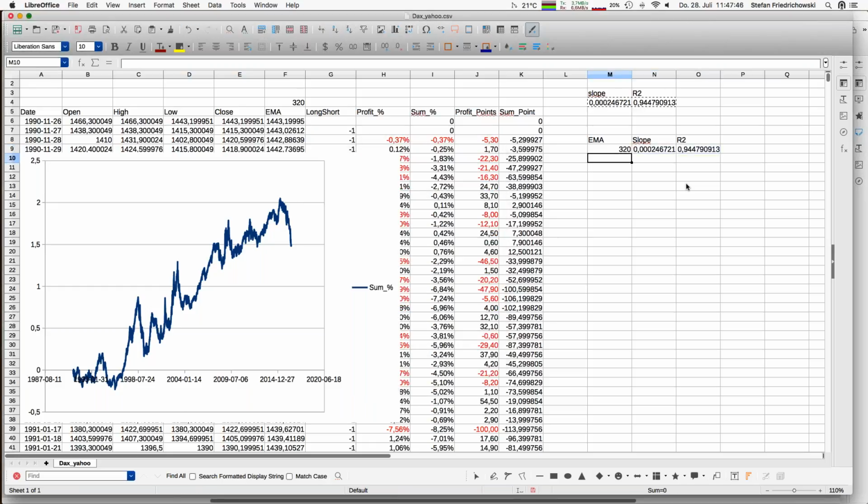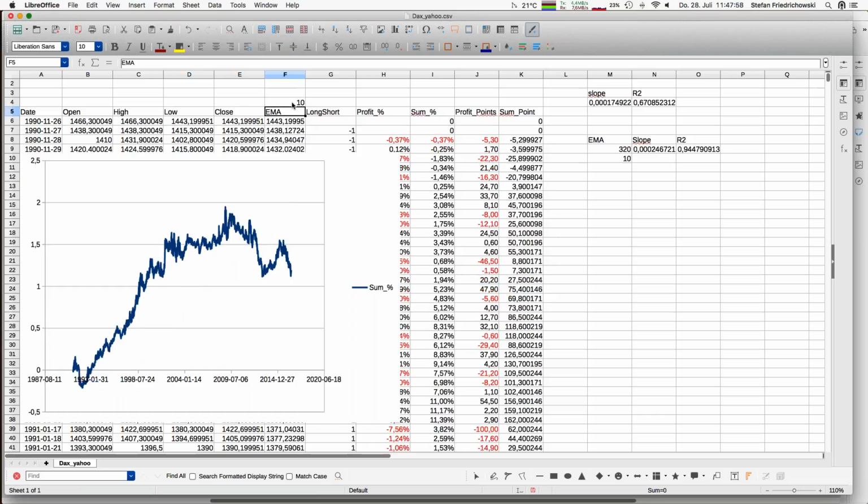And now let's start once again maybe with an EMA of 10. So I have to change the 10 here. And in order to get everything a little bit quicker, I put the EMA value here and connect that cell, because now I can always just copy those three values down here.